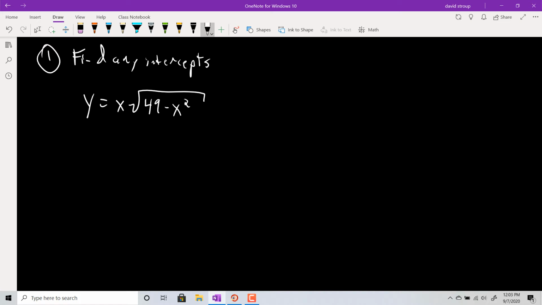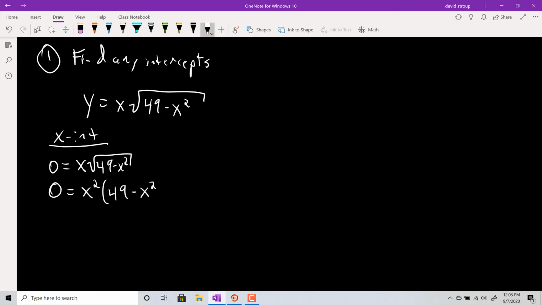Okay, so for intercepts, what are we doing? For the x-intercept, you let y equal 0 and solve. So you have 0 equals x times the square root of 49 minus x squared, and then you're solving this equation. It's a radical equation, so you want to square both sides. So you have x squared times 49 minus x squared.